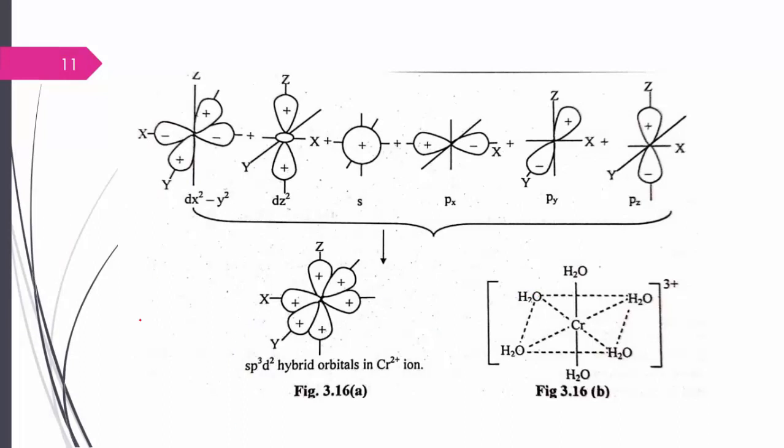I told you that two d orbitals are involved, that is dx square minus y square and dz square, and the s orbital, px, py and pz orbitals are involved. All 6 hybrid orbitals combine with the 6 water molecules to form the octahedral structure.